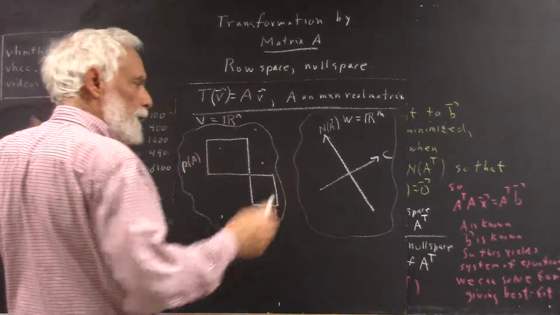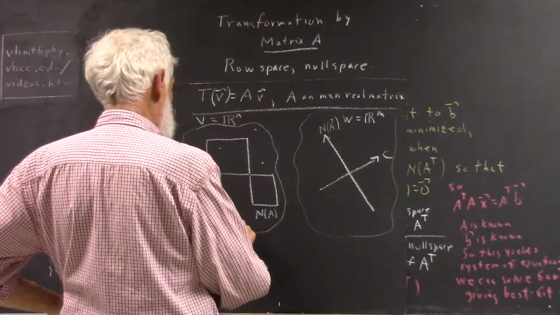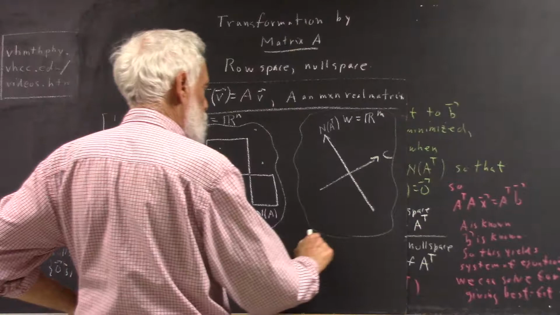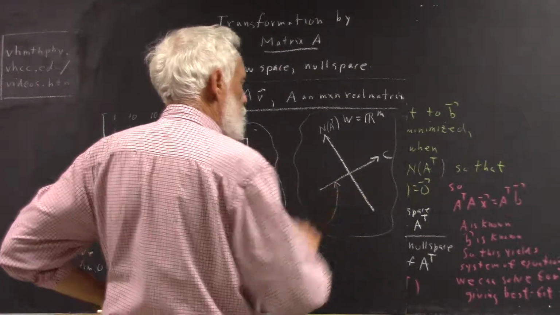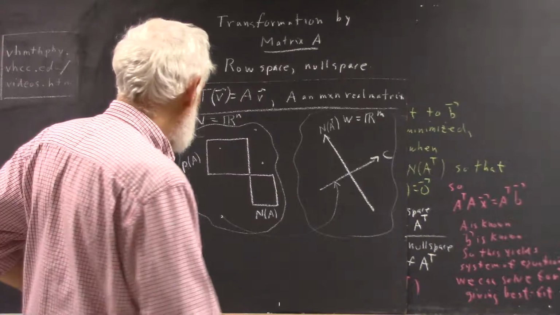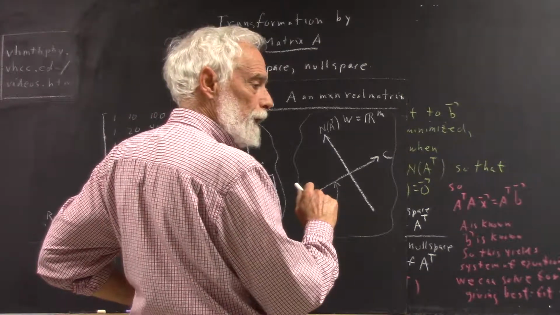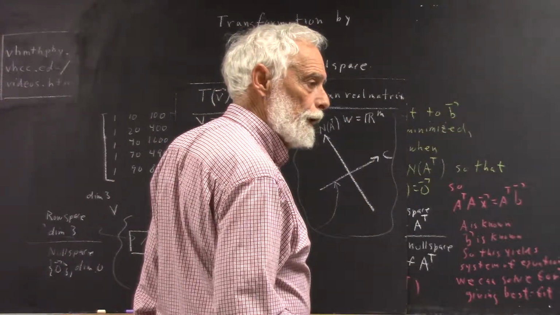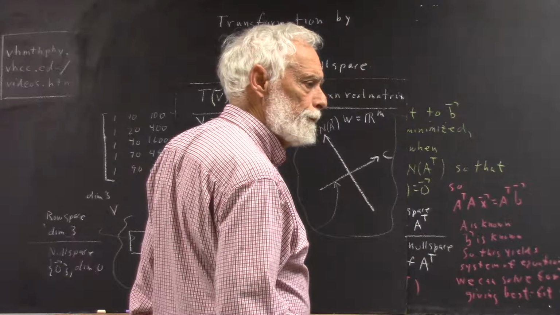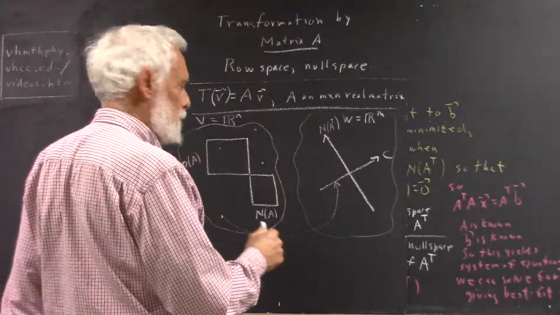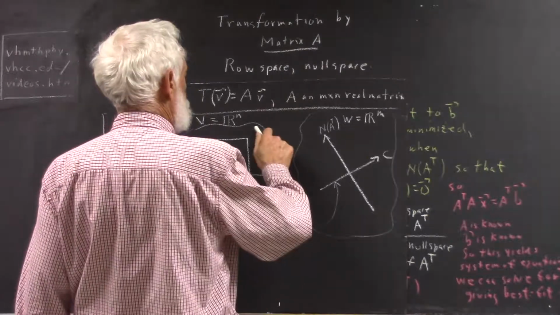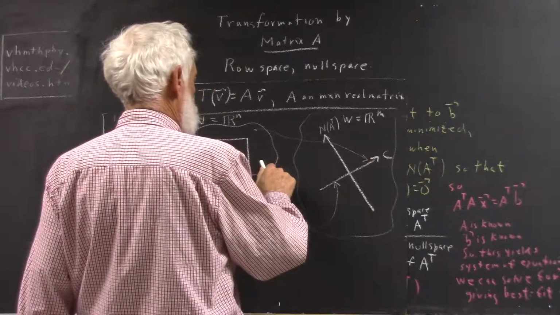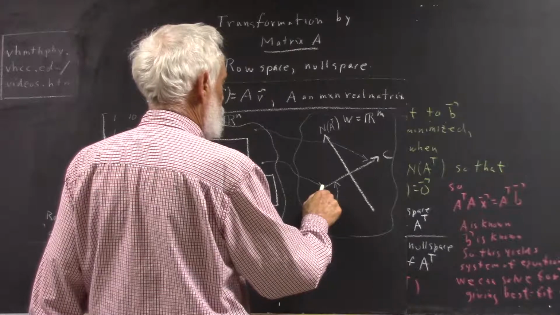Okay, so we've got a series of vectors here. Let's just say that this vector maps over here to what? Well, it maps to some vector in the column space. This vector will map to some other vector in the column space, and I'm looking at my picture so I don't get these arrows crossed with one another. I'm going to map this vector over to here, and this vector, let's say, to here.